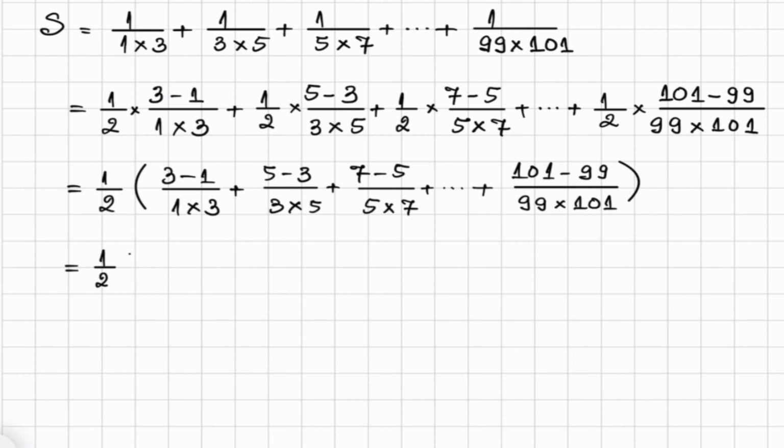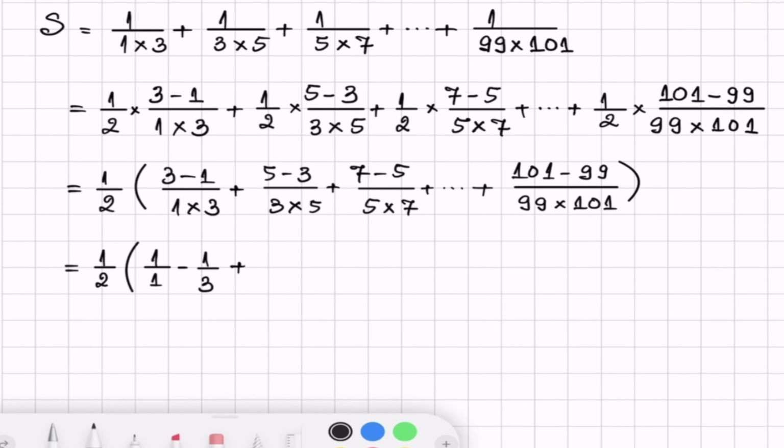Now we have to separate these fractions. Then we will get 1/1 minus 1/3, okay, and then plus. This fraction also has to be separated and simplified.